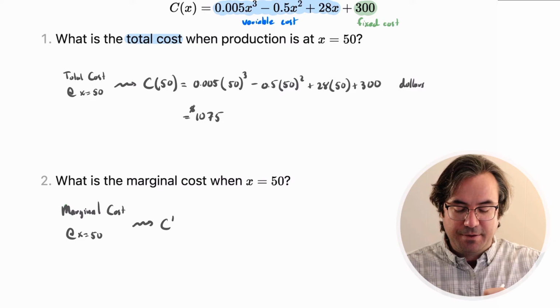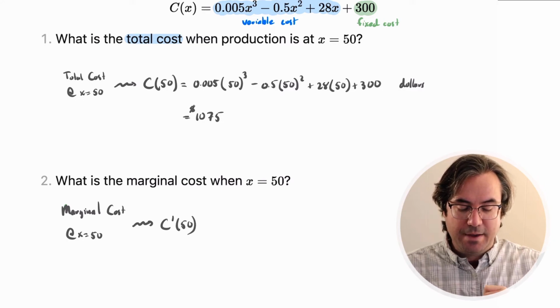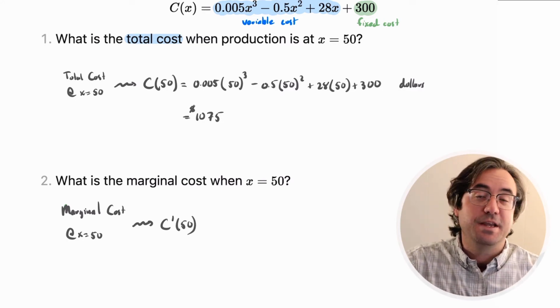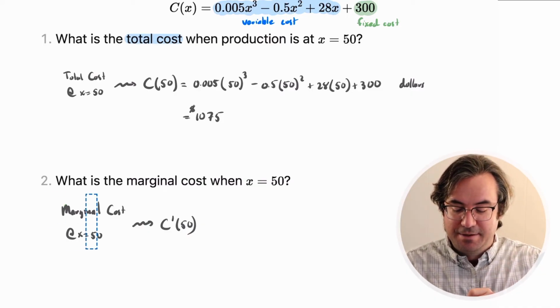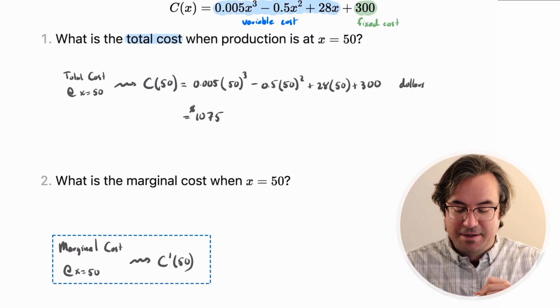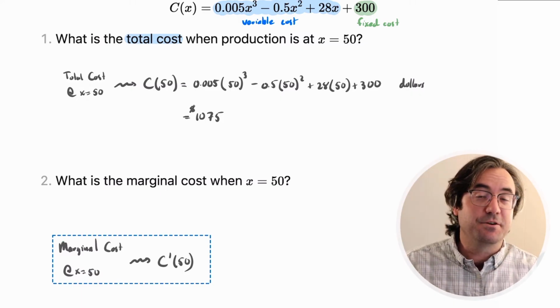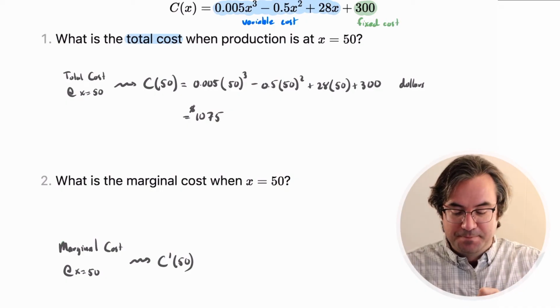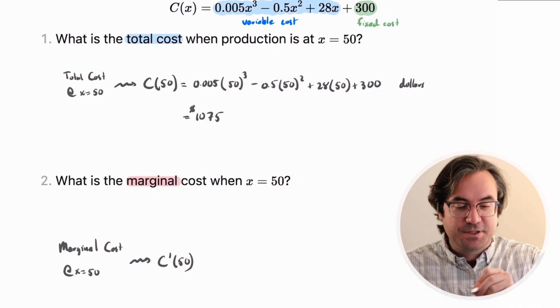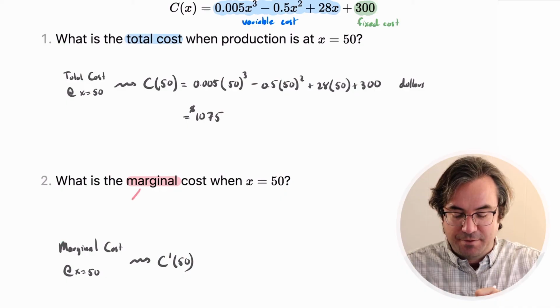That means we have to calculate C prime and then plug 50 into it. Let's get a little more room here. First, let's calculate the derivative. And again, that word marginal, just think of it as meaning first derivative.